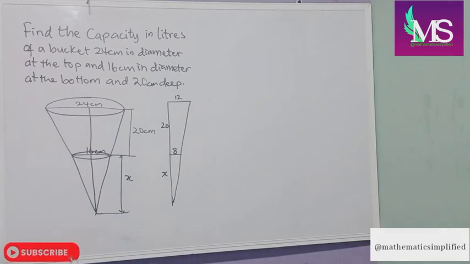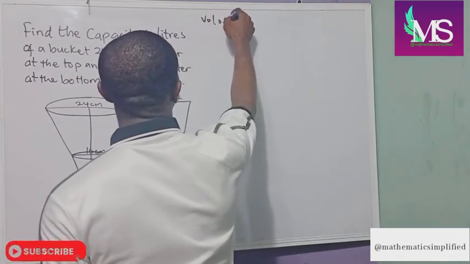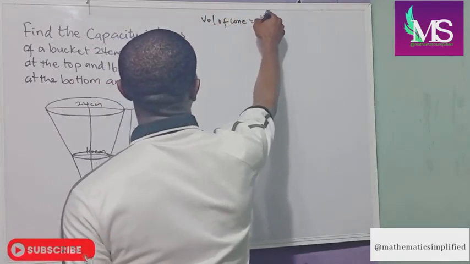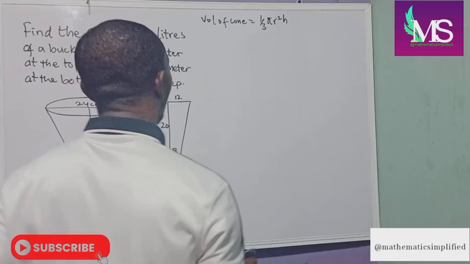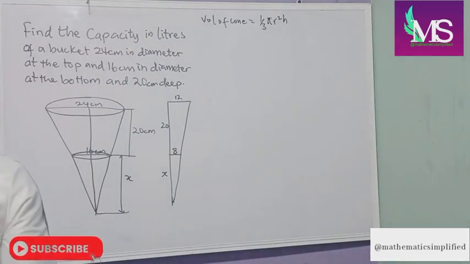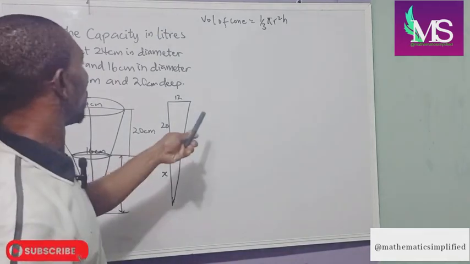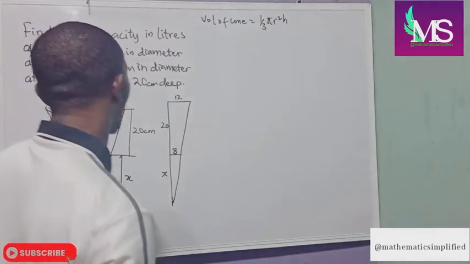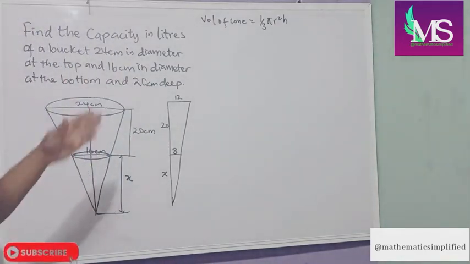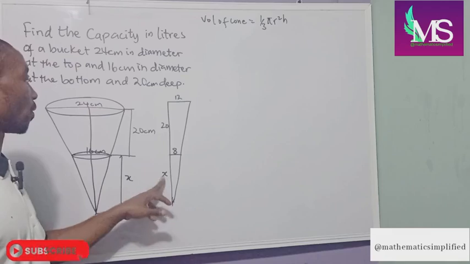Now for the volume of a cone, we know that volume of cone equals 1 over 3 pi r squared h, where our radius is this and our height is this. But before we use this, we need to find the value of x.